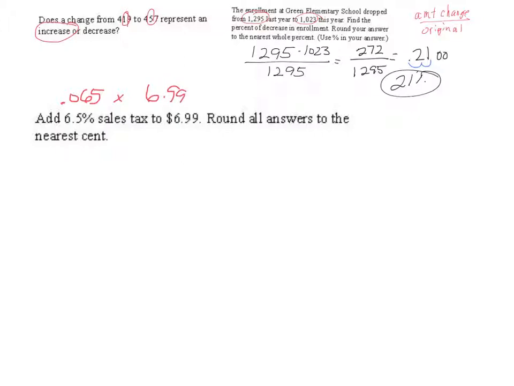Oh, I didn't mean to write the whole equation up there, but I guess I did. So if we multiply 0.065 times 6.99, we get a tax of, rounding to the nearest penny, 45 cents.